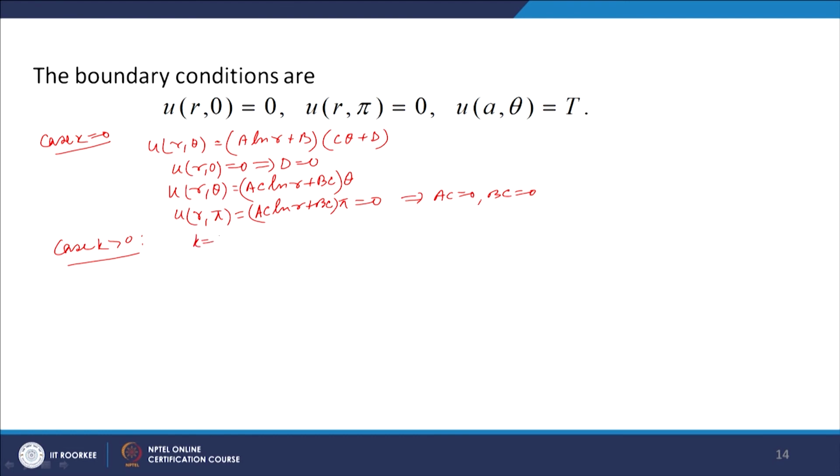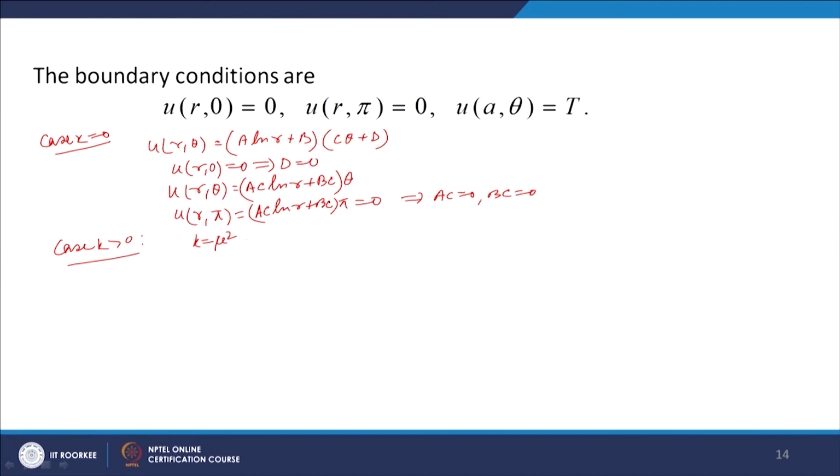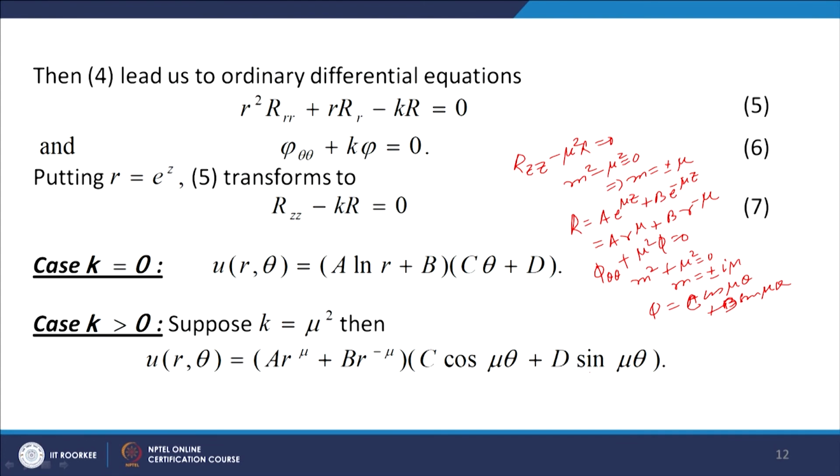k equal to mu square, when we have the solution as u(r, theta) equal to (a r to the power mu plus b r to the power minus mu) times (c cos mu theta plus d sin mu theta).